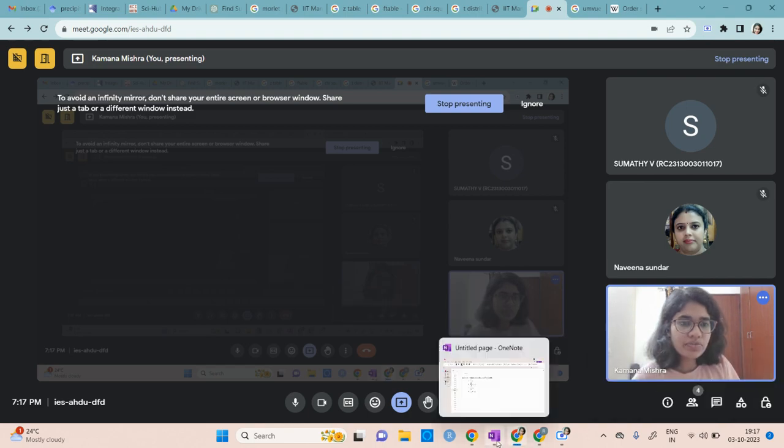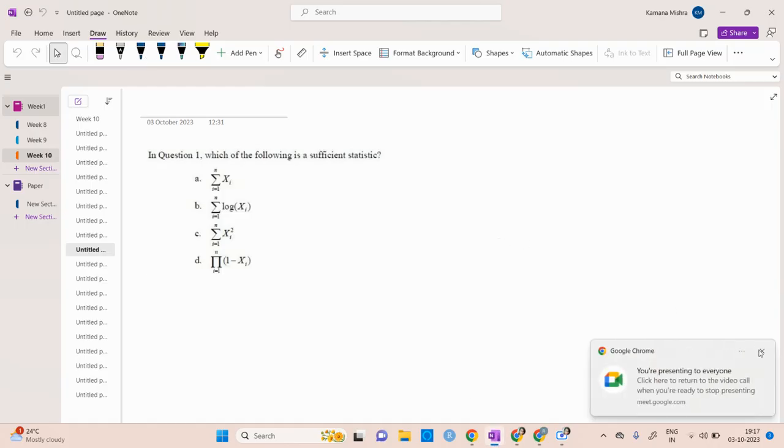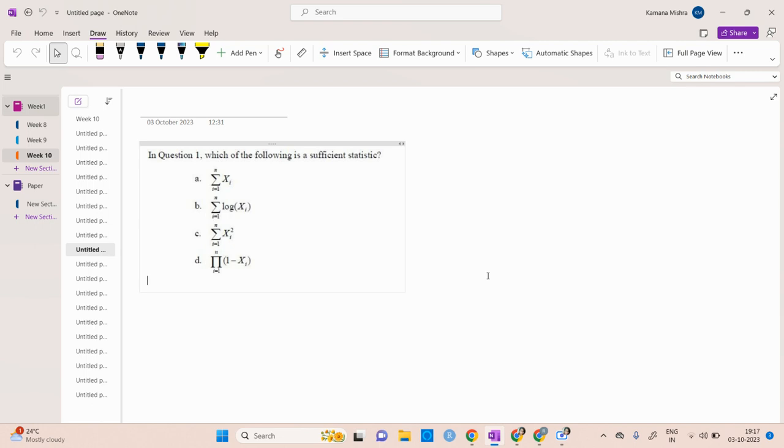So that one is a sufficient statistic. What we do is find the likelihood function and then check whether we can write that in terms of g(xi, theta) times h(x) or not.